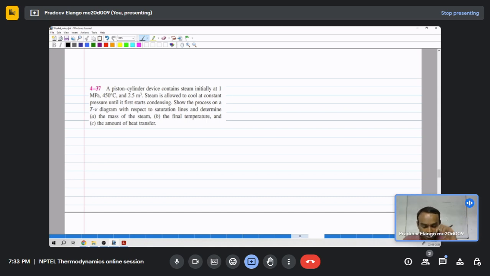So there is a piston cylinder device, and initially P1 is 1 megapascal, T1 is 450 degrees Celsius and volume is 2.5 meter cube. It is allowed to cool at constant pressure until it first starts condensing.